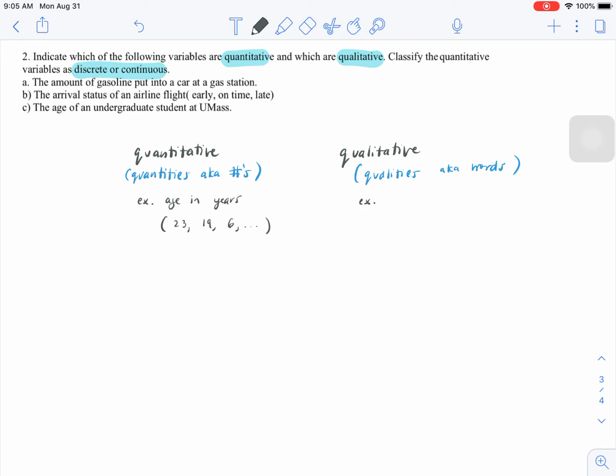A qualitative way to measure age could be describing yourself as a kid, a teenager, or adult. So I'm using words to describe ages here, and I'm using numbers here.